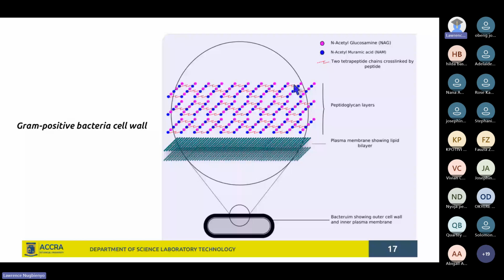It's a tetrapeptide that links this. So that's why you refer to it as a peptidoglycan. Peptido means there's some peptide component. Glycan is a carbohydrate. So the carbohydrate part is made up of N-acetylglucosamine and N-acetylmuramic acid, and you have these dotted lines representing a tetrapeptide, which is cross-linking these oligosaccharides to give you that peptidoglycan layer of the cell walls of bacteria.